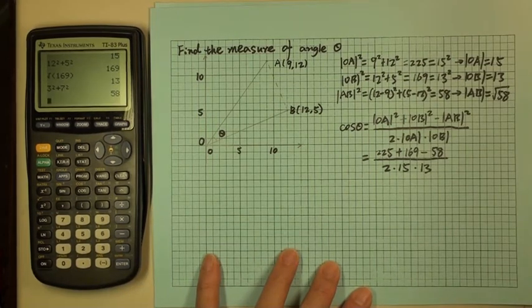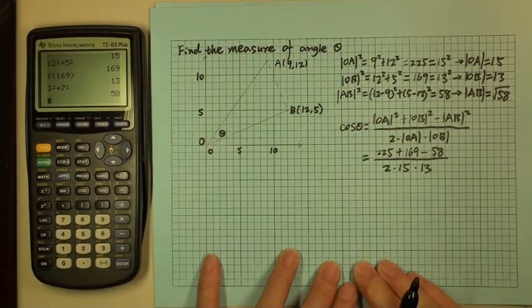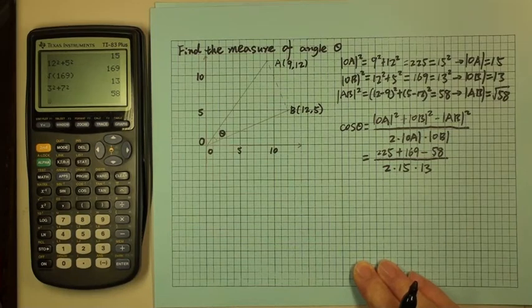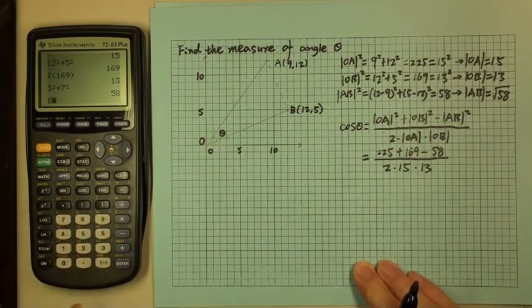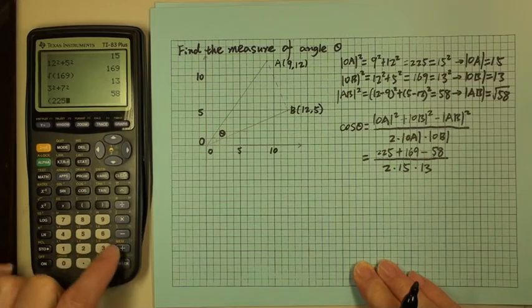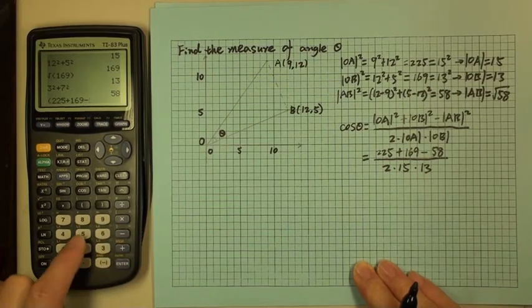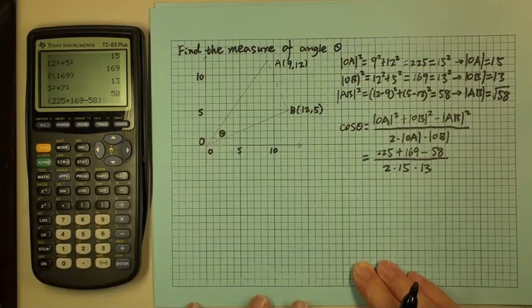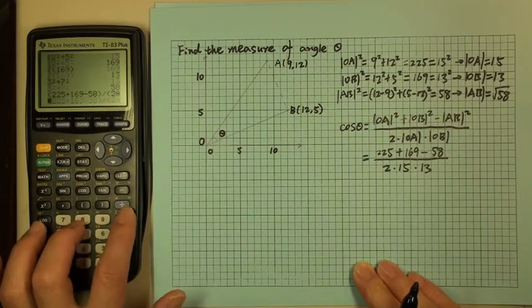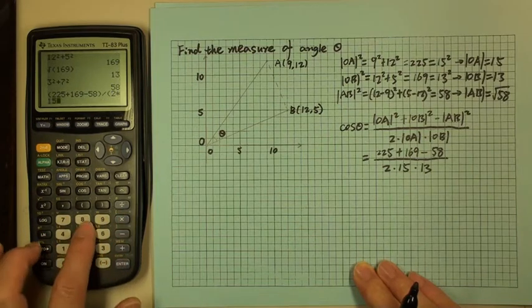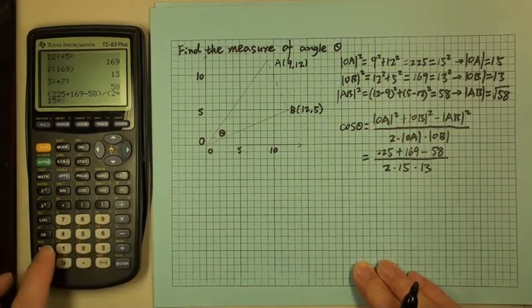Now, when you do this with your calculator, you want to be careful. Parenthesis 225 plus 169 minus 58, close parenthesis. Don't forget the parenthesis. Divided by another parenthesis, 2 times 15 times 13, close parenthesis.